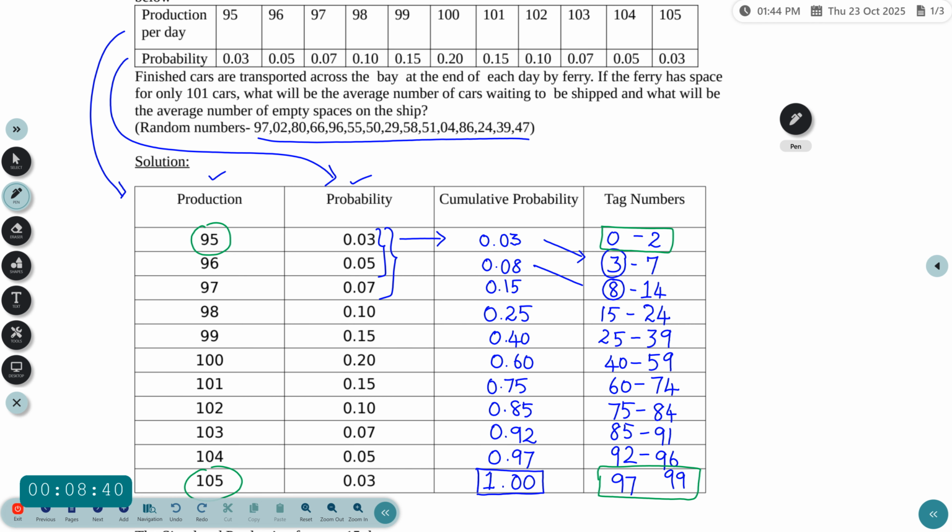In the problem they gave that each day by ferry 101 cars are transported. So the ferry is like a big ship.